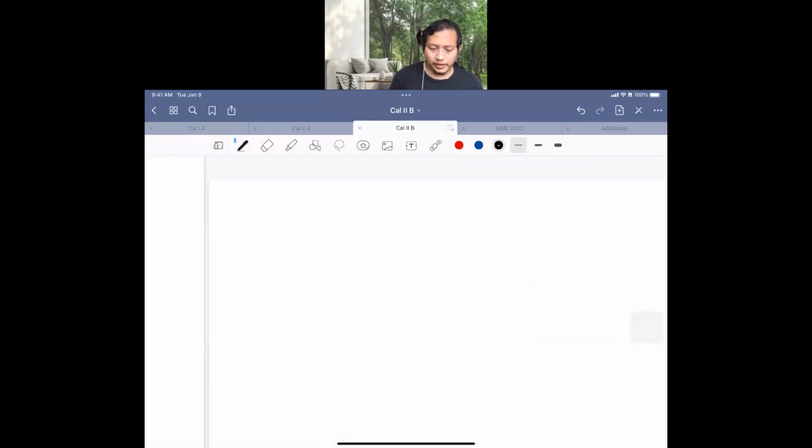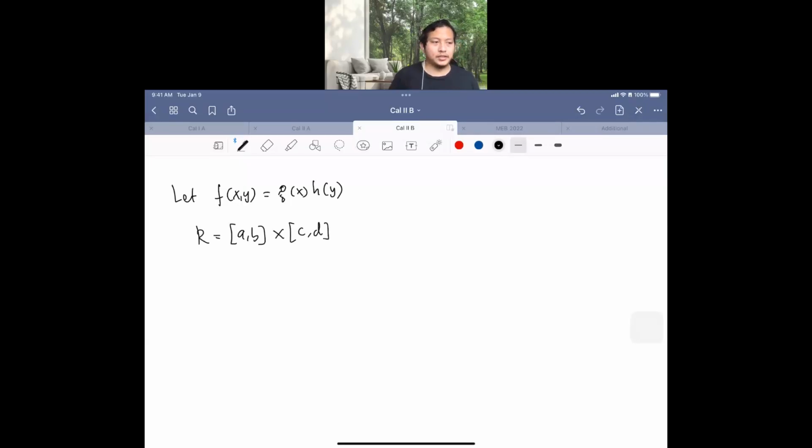Okay, so if we have not R, let me write it in more detail. Let f(x,y) be a function g of x times a function h of y, and R a typical rectangle, [a,b] times [c,d].